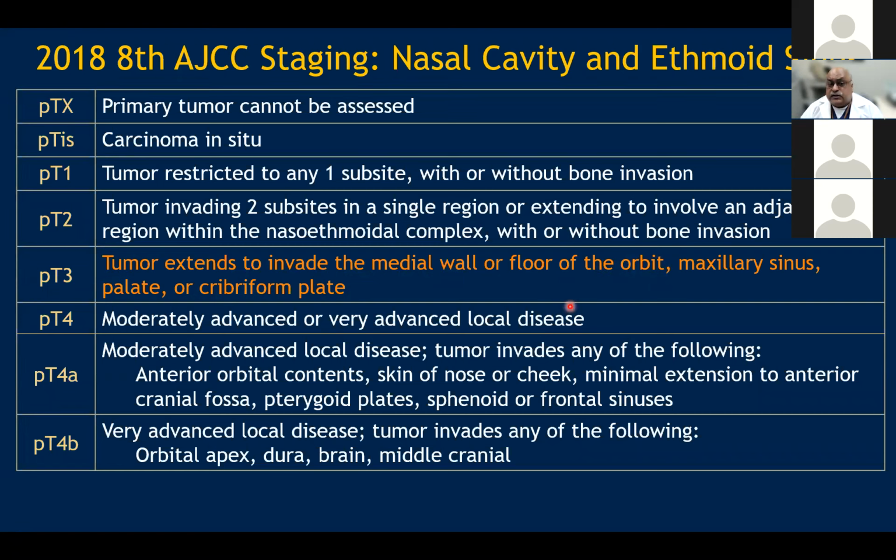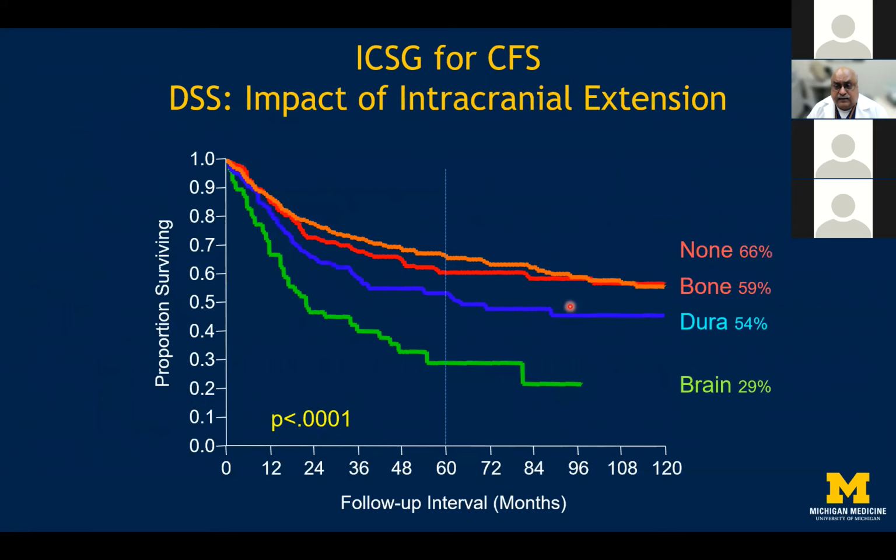So I've just chosen this one type of malignancy of the head and neck just to reiterate how important it becomes for us to evaluate the entirety of the skull base.